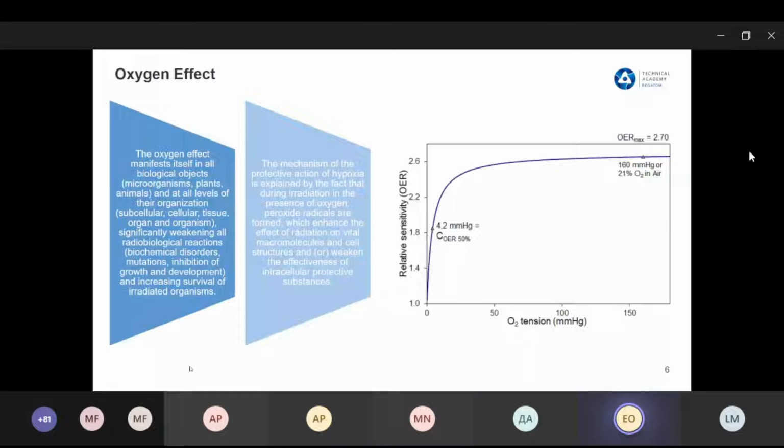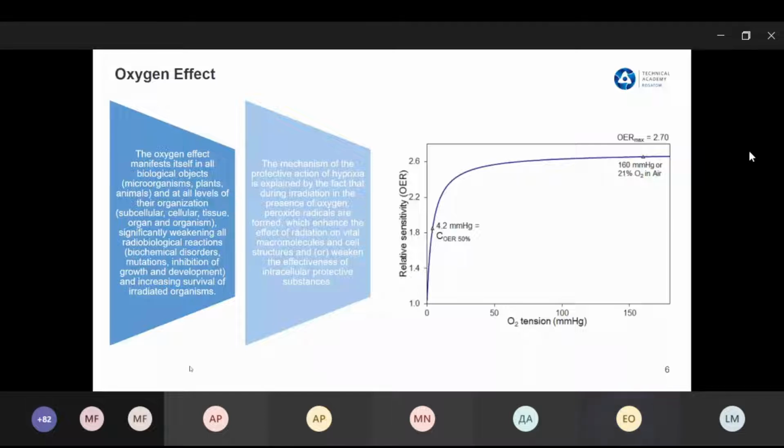The concept of the occurrence of potential hidden damage was formed in radiobiology by the end of the 1950s, influenced by the works of Alexander, Gordy, Alper, and others.